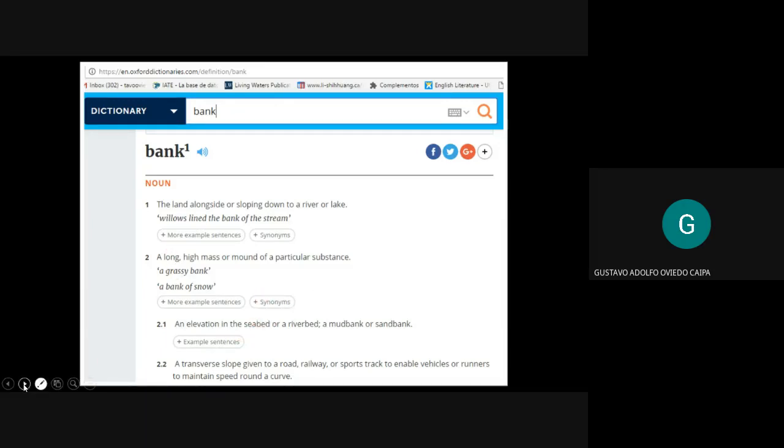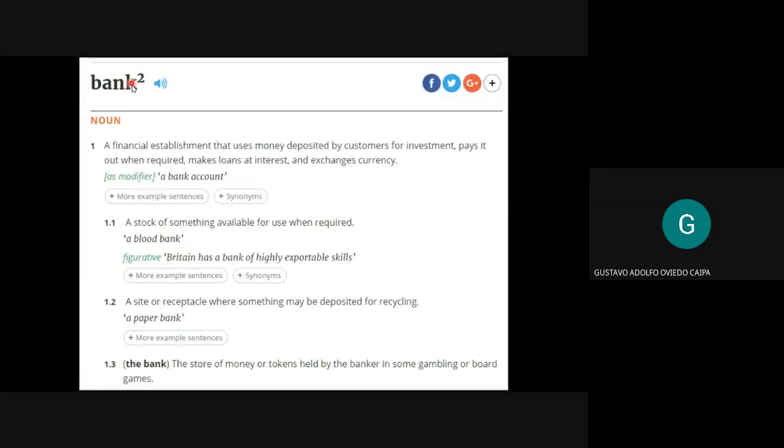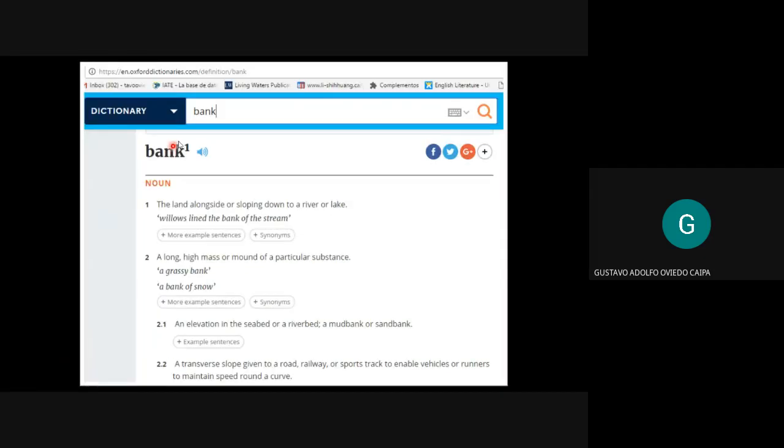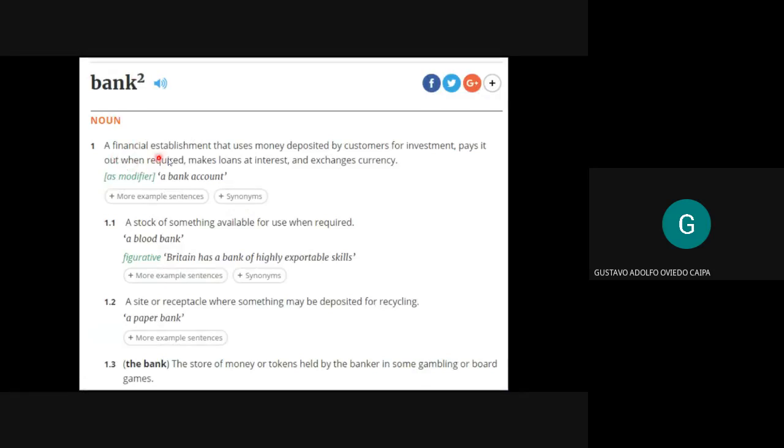But there is another sense of the word bank. This one is bank 1. This one is bank 2: a financial establishment that uses money deposited by customers for investment, pays it out when required, makes loans at interest, and exchanges currency. Like a bank account, or a stock of something available for use when required, a blood bank. So these are all related.